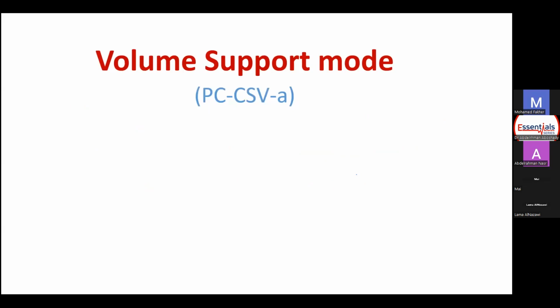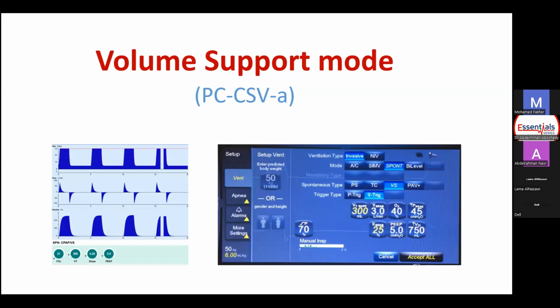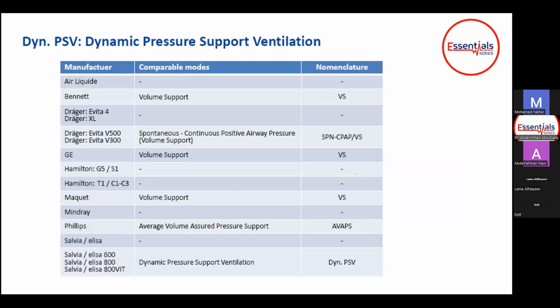The first dual control mode we usually face in the ventilator is the volume support mode, VS. It's called spontaneous CPAP VS in the Dräger, and it's called VS in the Bennett and the Maquet ventilators. Sometimes they call it dynamic pressure support, but the usual common name is volume support mode.